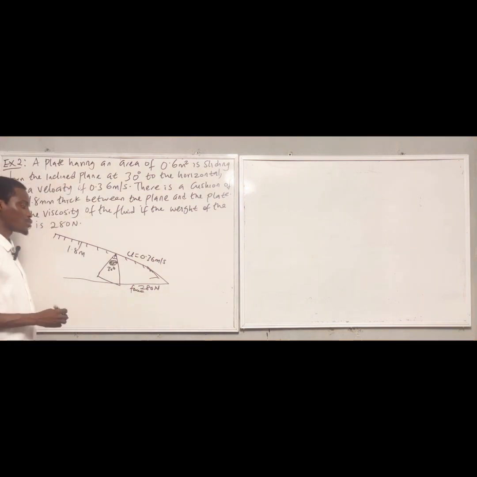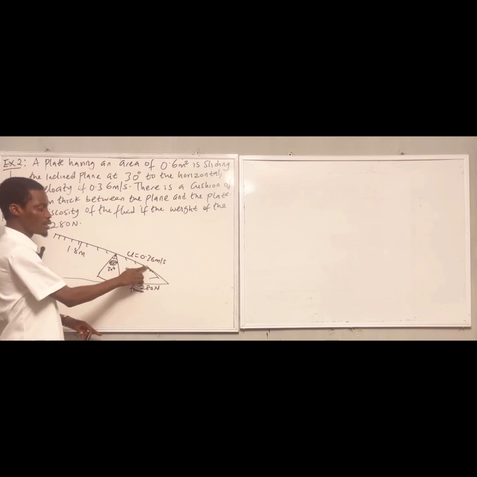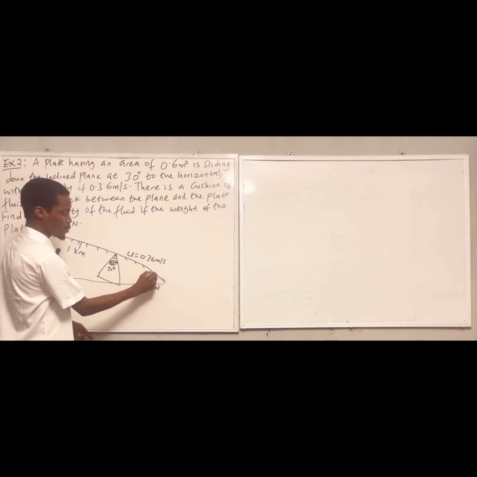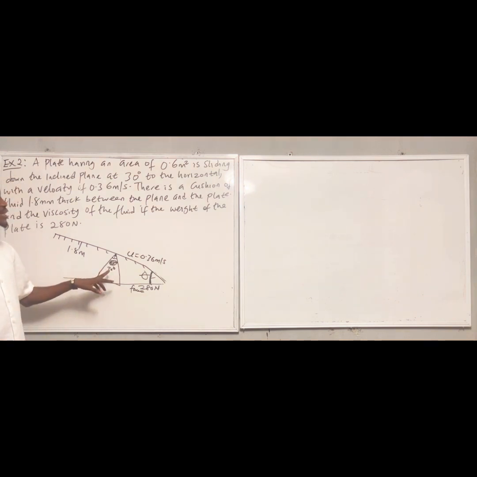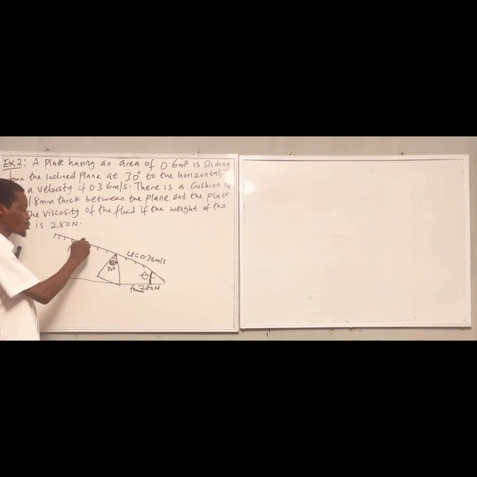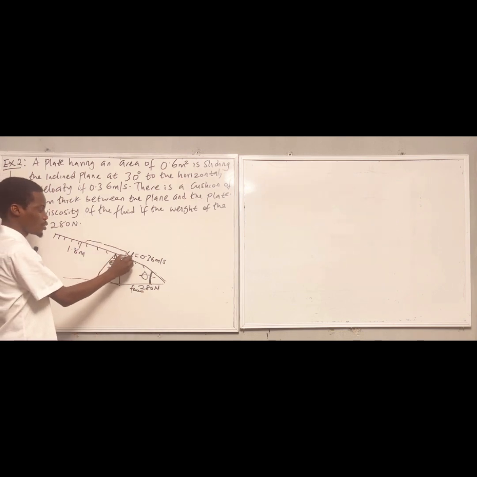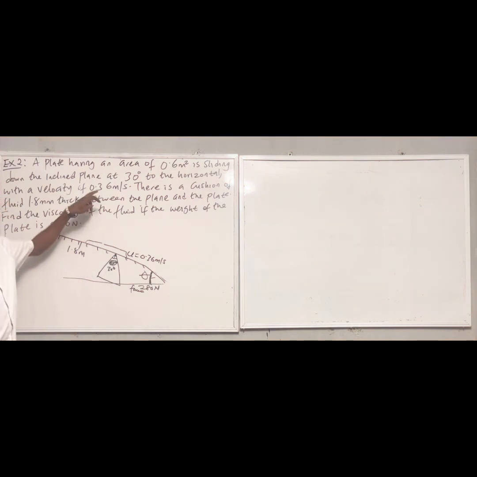So this is what they are talking about: from here we have another angle, and this one is talking about the plane at 30 degree to the horizontal. So from here we got our u, which is our velocity. We have to calculate the viscosity of this fluid.